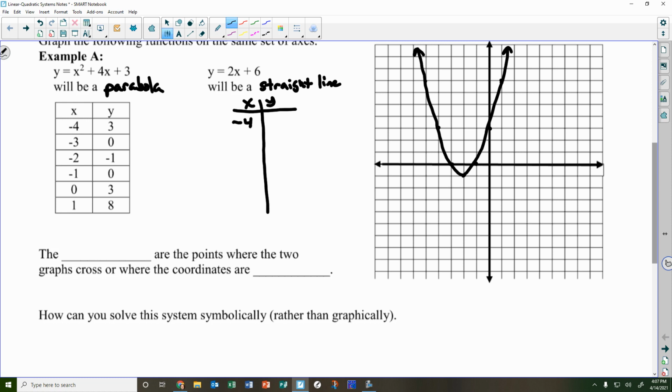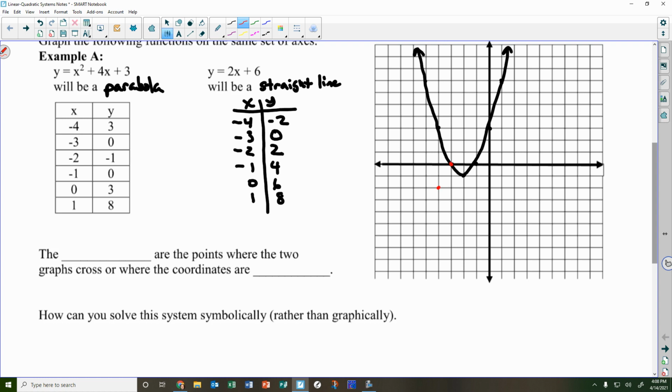Okay, so if I do some graphs with the straight line, if I put a -4 in there, 2 times -4 is -8. -8 plus 6 is -2. If I use the same values that they did in the other one, -3: 2 times -3 is -6, and -6 plus 6 is 0. If I plug in a -2, that's -4 plus 6 is 2. This is just going up by 2 every time, right? So this should be 4, 6, and 8. So when I go ahead and make my points: at -4, -2 is there.